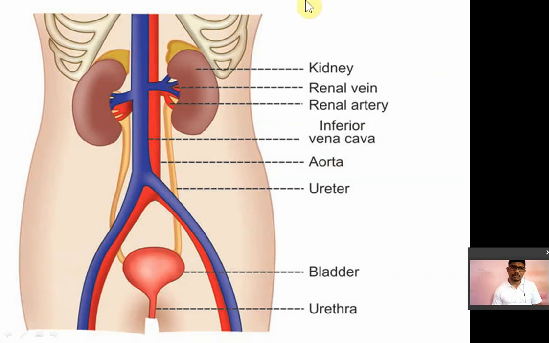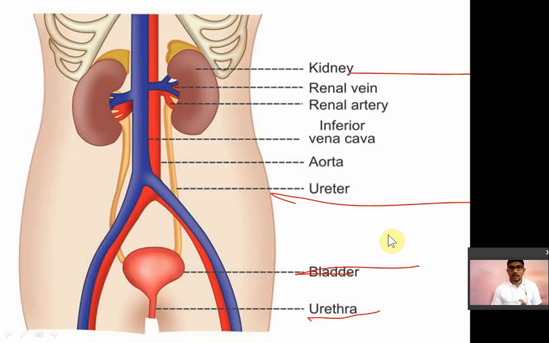So just remember, the urinary system is a major excretory system of your body, and it consists of a pair of kidneys, two kidneys, then two ureters, one urinary bladder and one urethra. These are the organs of the urinary system. Just above the kidneys there is an adrenal gland present superiorly.